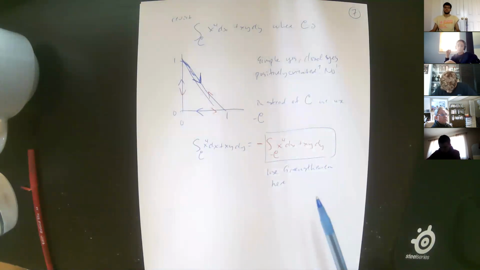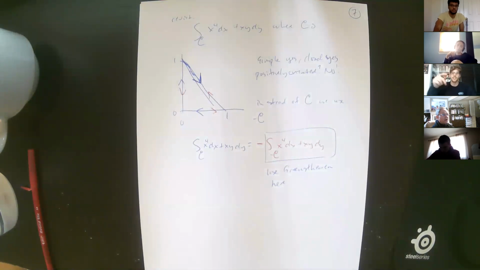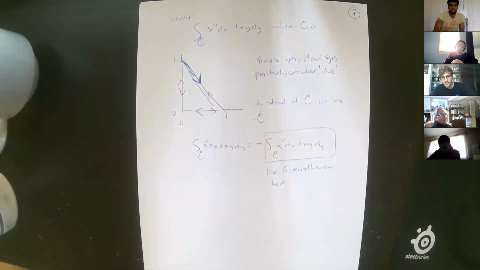Any questions on this? Would it be sufficient to reverse the limits of integration? That's the same as putting a minus sign before the integral, isn't it? That's what I was thinking. So yes and no. That is the same as putting a minus sign in front of it, right? But what does reversing the limits of integration on this curve mean?